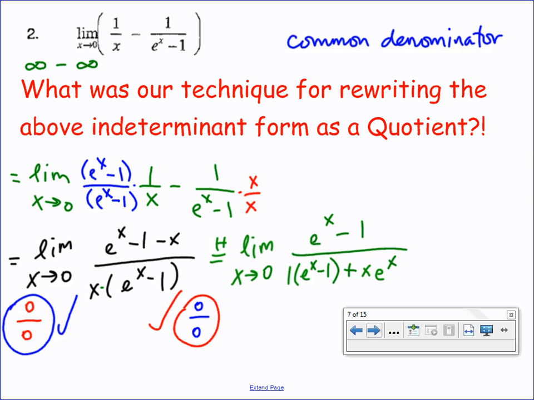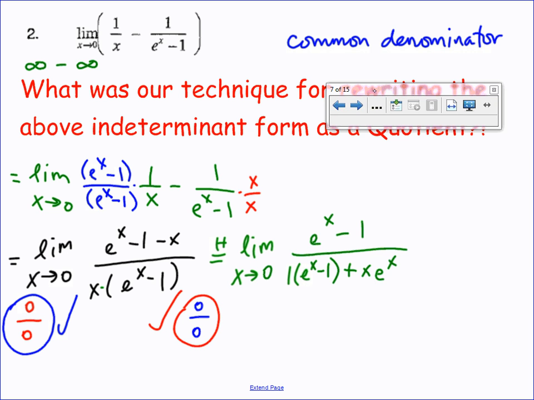So let's go ahead and use L'Hopital's rule again, where we consider the limit as x approaches 0, but now we'll differentiate the top yet again. The derivative of e to the x is e to the x. Over, on the bottom, I do not need to use the product rule for this first term. This first term is just a constant multiplier of 1, so I can disregard that.